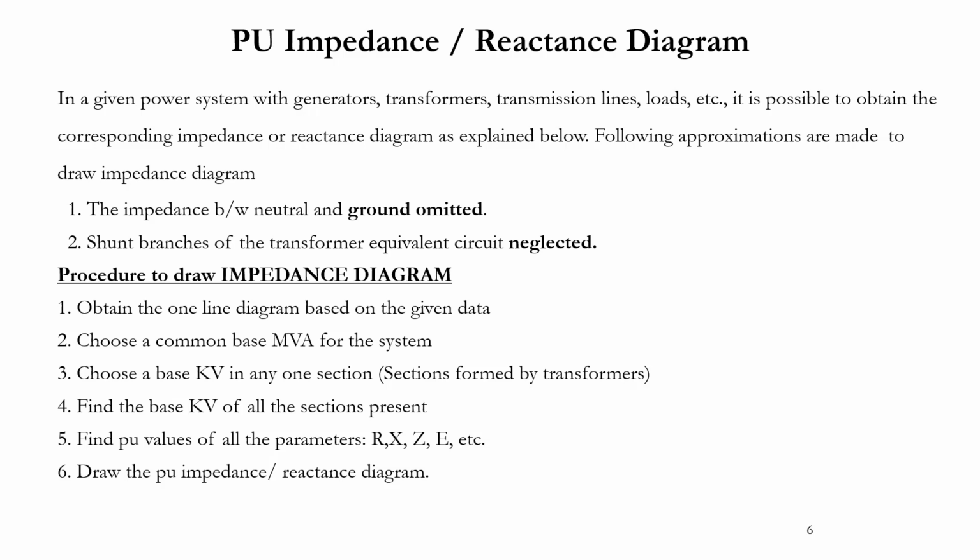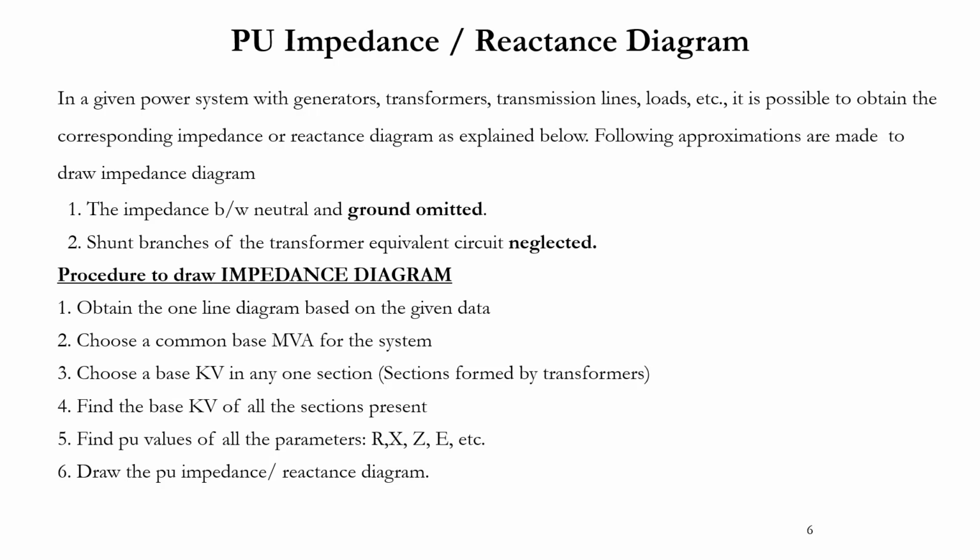First, obtain the single line diagram based on the given data. Then, choose a common base MVA for the system. That is, first draw the SLD, then choose the power base. Now, choose the base kV, that is voltage base, in any one section. Sections are formed by transformers.